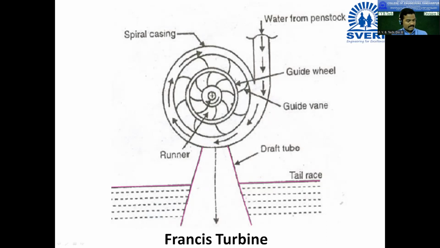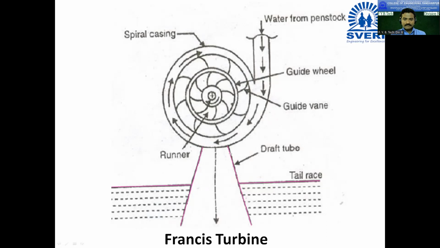And why is the name guide vanes? Because they guide, directing the water toward the runner side. So the guide vanes act as flow passages. They move the water toward the runner side.